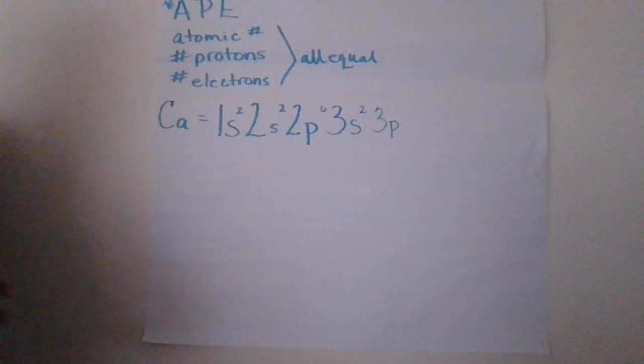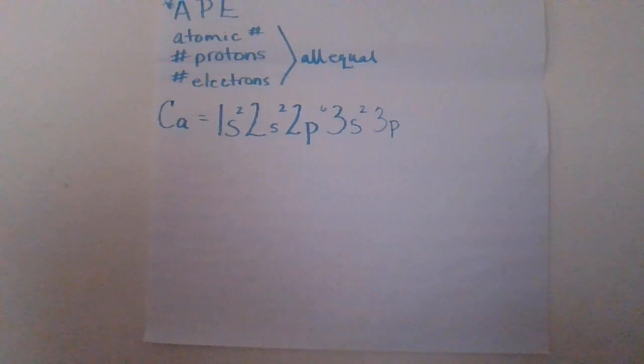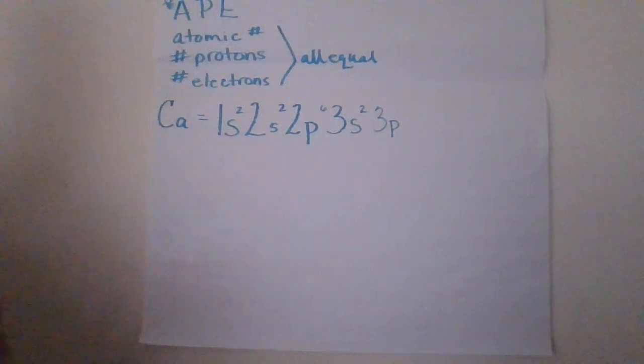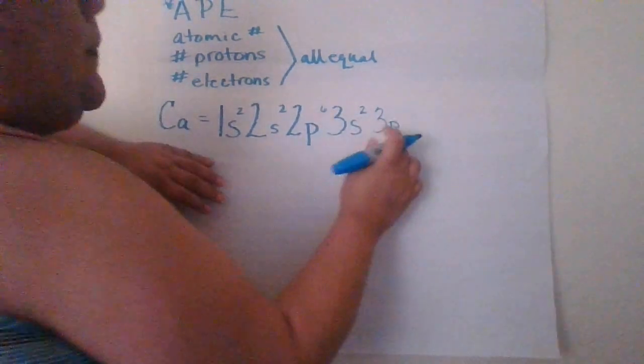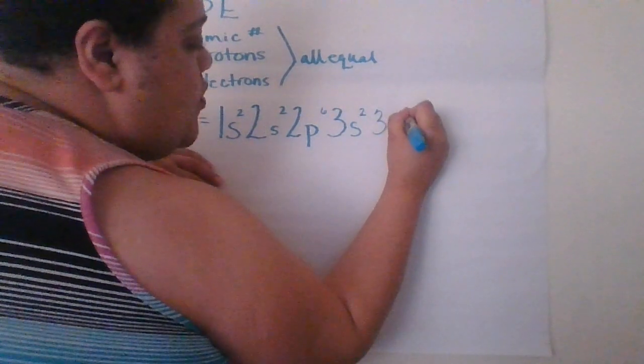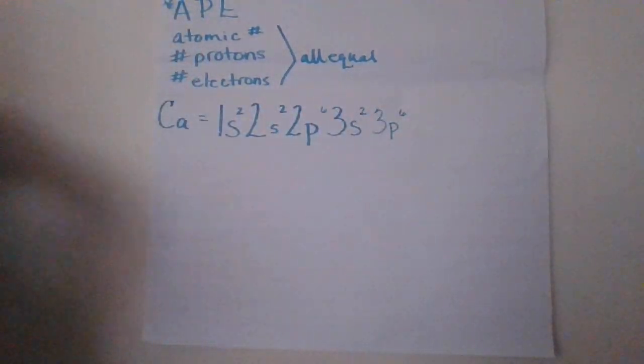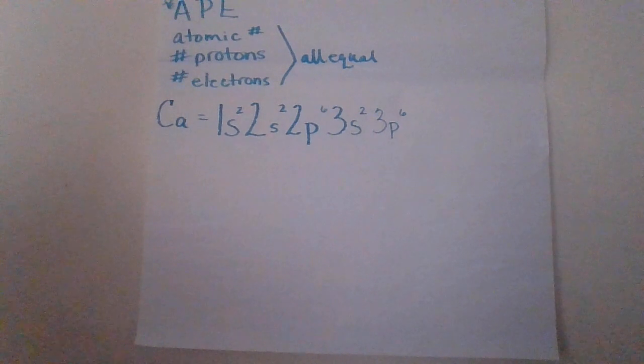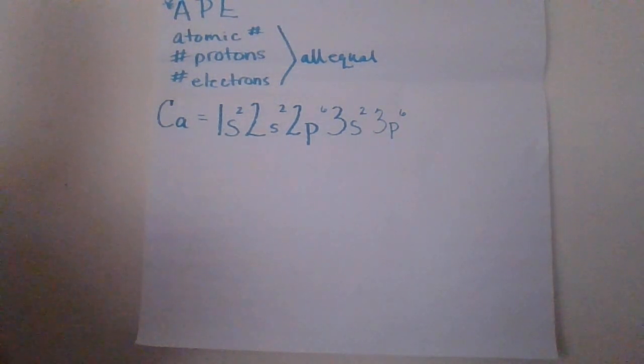And we go from aluminum to silicon, phosphorus, sulfur, chlorine to argon, and we still have not reached calcium yet. So we would go 3p6 because we went through all 6 of those elements in that P block on the third row. So now we are at the fourth row.